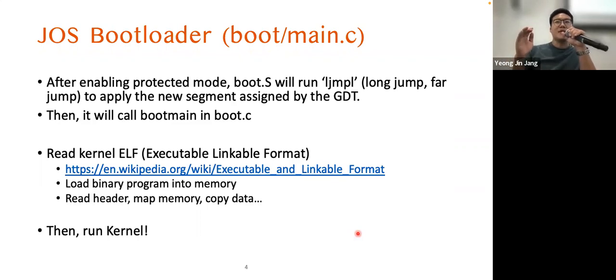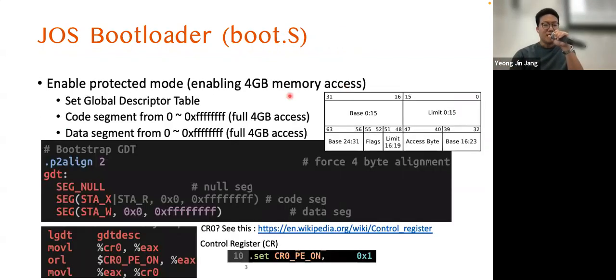And after enabling the protected mode, what we need to do is run the long jump. What that means is we are telling the CPU to get into the protected mode. If you follow the instructions in the bootloader, right after the lines enabling the protected mode, you will see the long jump instruction.